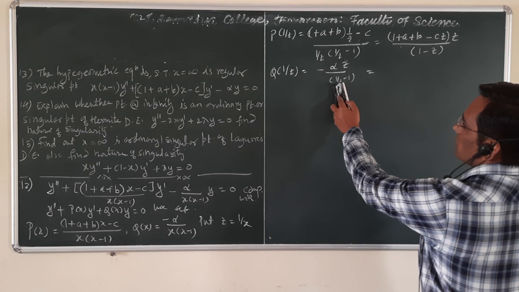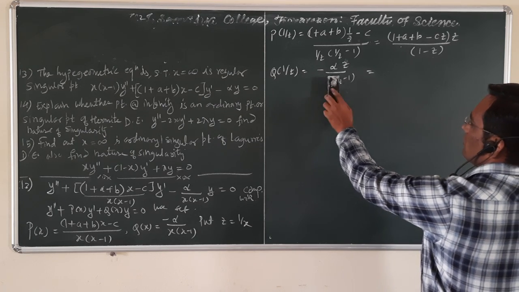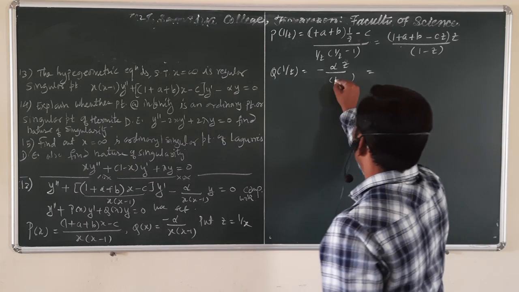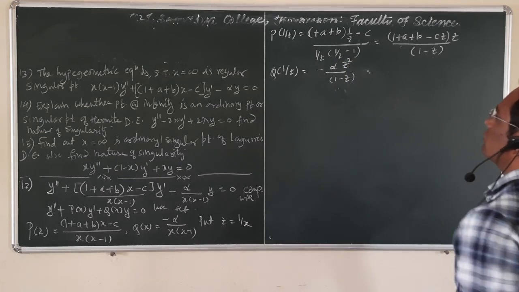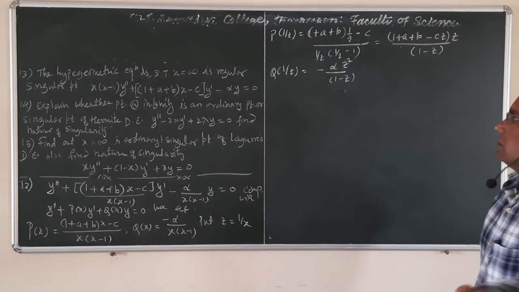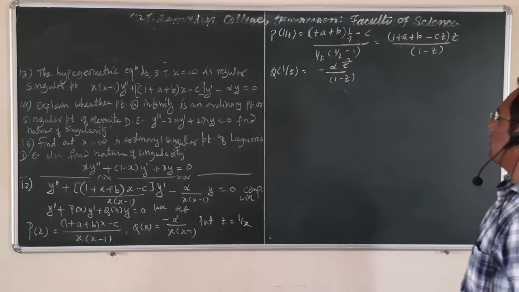And if we do cross multiplication of this 1 upon z minus 1, so this is (1 minus z) upon z, so that z goes to the numerator, so minus alpha z square into (1 minus z), so that is q of 1 upon z.